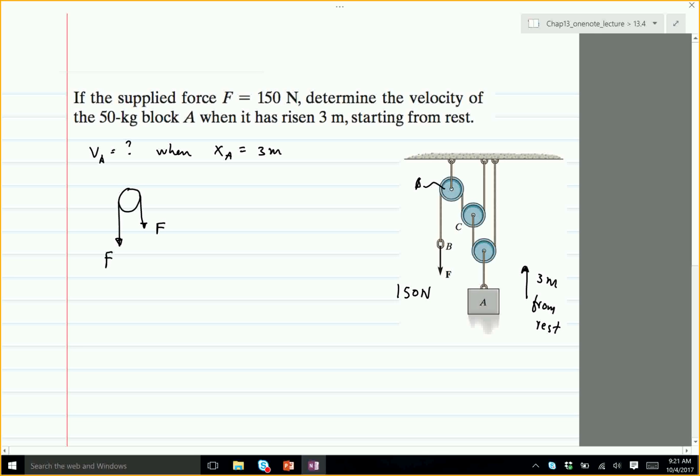So the force on the left side of the string is the same as the force on the right side. This assumption is only true if the pulley is massless and the string is also massless and inextensible. If those 3 conditions are not met, then you cannot do that.